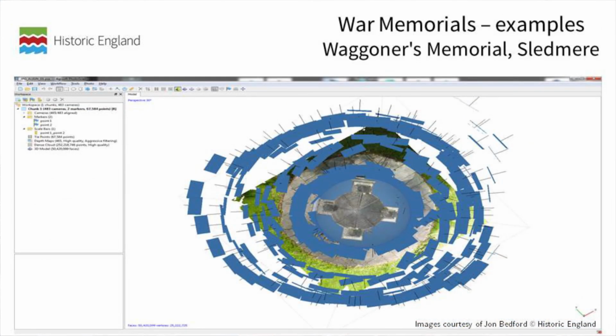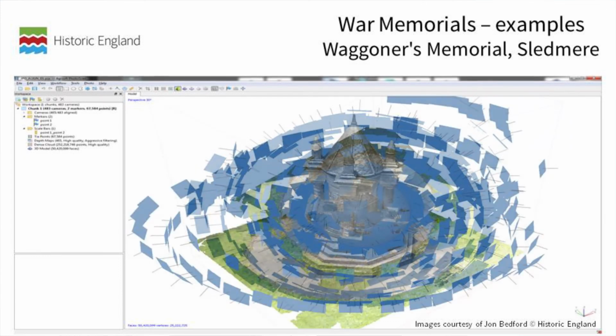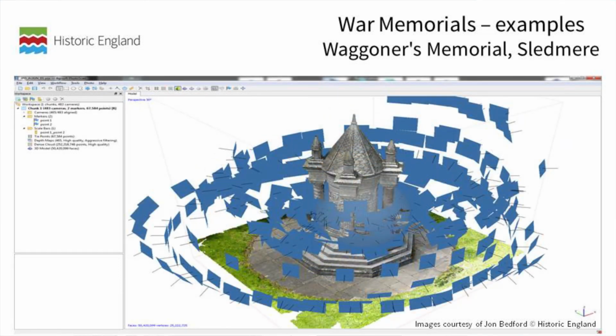So here's another example, which was pretty successful. The Wagoners Memorial at Sledmere, we've already seen some images of that. I'm sure everyone's familiar with it, but quite a remarkable monument, reminiscent of Trajan's Column, and has these reliefs of the Wagoners who were in a particular regiment formed by the lord, I can't remember the name, from the Sledmere estate.